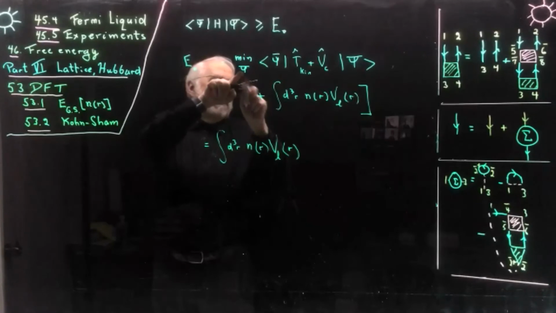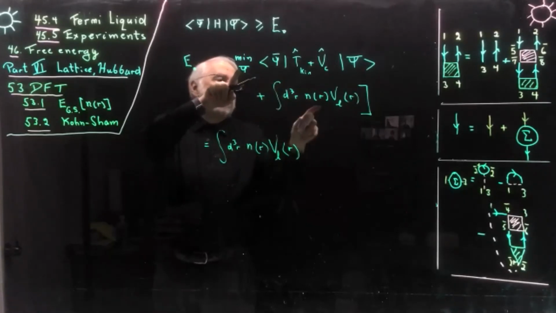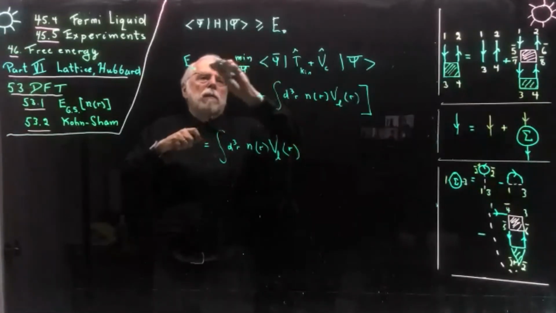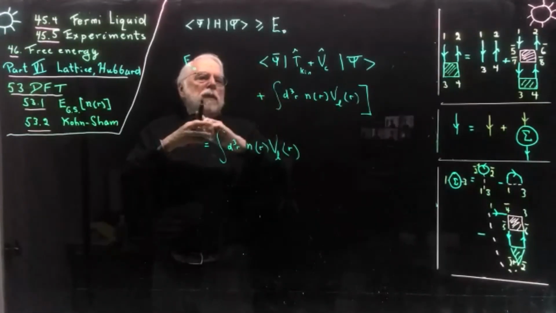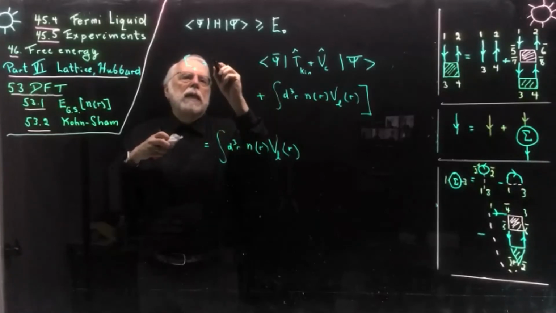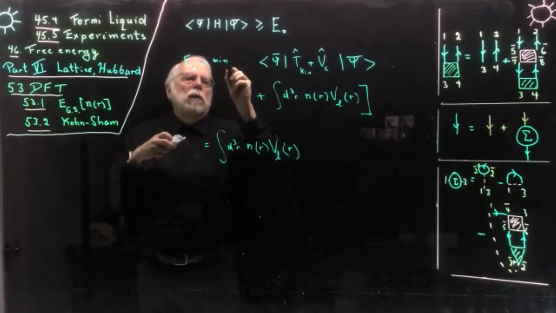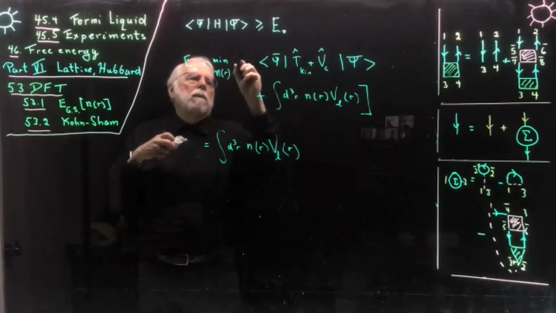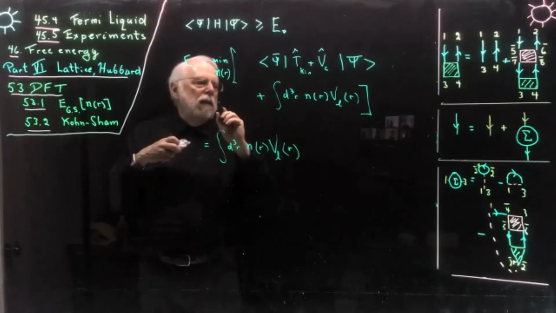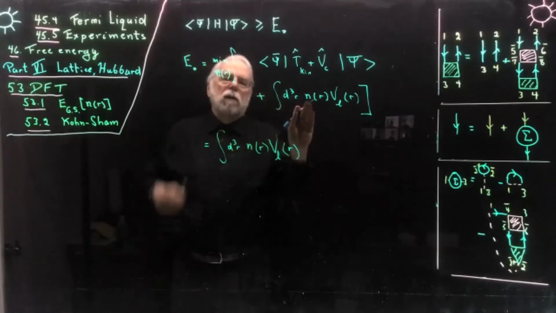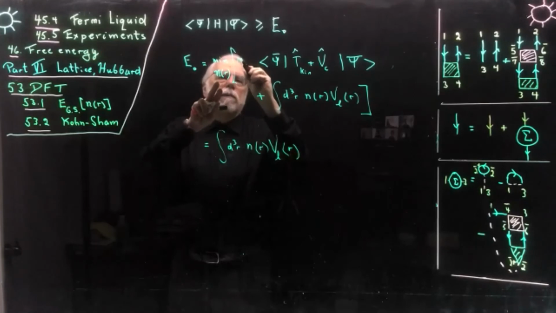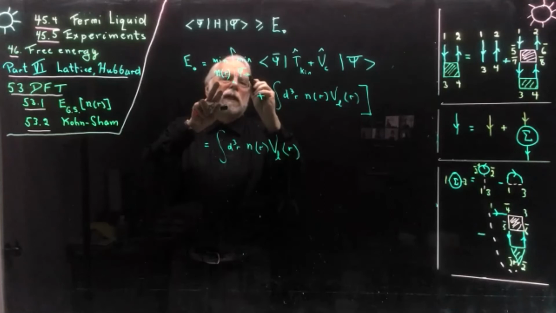The n(r) here still depends on the wave function, so it's included in the minimization. But I will do the minimization in two steps: the minimum with respect to the density n(r), and then the minimum with respect to all the wave functions that lead to the same density n(r).